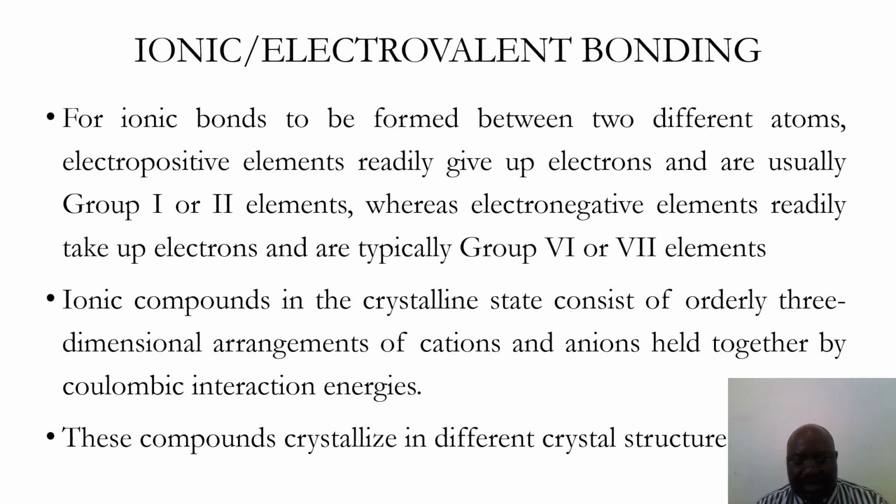Ionic compounds in the crystalline state consist of orderly 3-dimensional arrangements of cations and anions held together by Coulombic interaction energies. These compounds crystallize in different crystal structures.